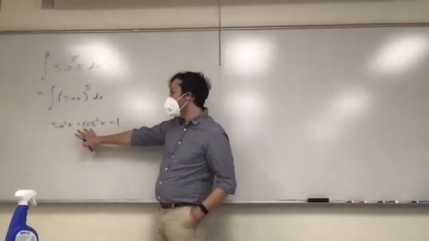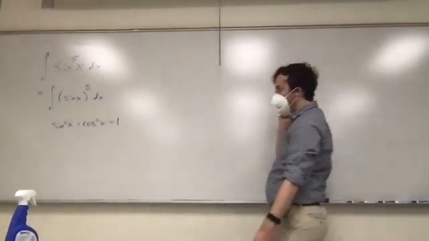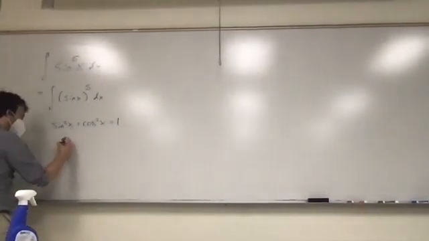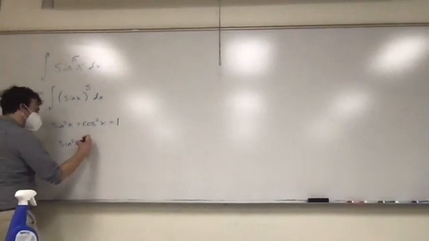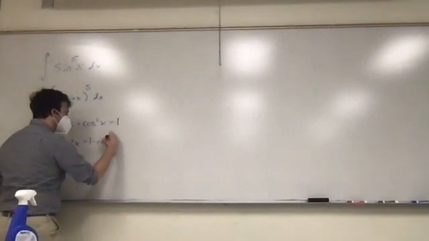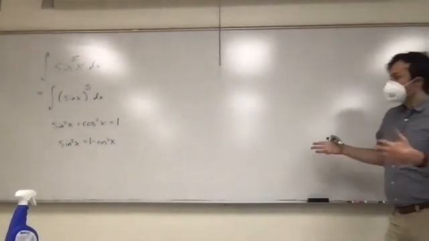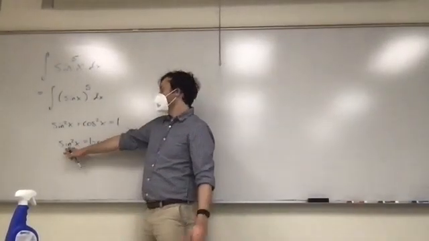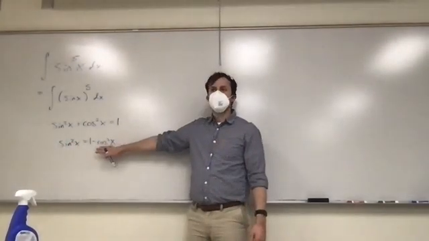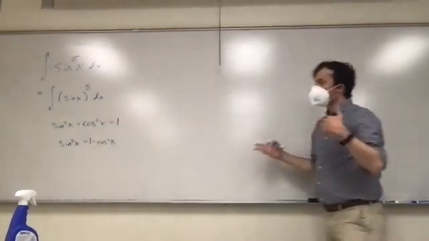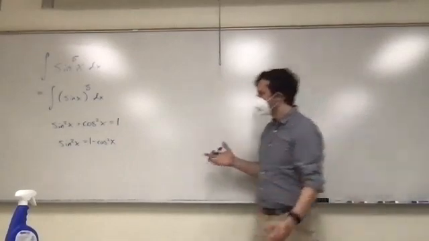But this isn't the form that we actually want. What we're going to do is move the cosine squared to the right side of this equation. If we do that, sine squared is 1 minus cosine squared. The reason this is more helpful is because it says if you have 2 copies of sine multiplied together, we can replace that with some cosines. And in order to do a u substitution, you need a mix of sines and cosines.